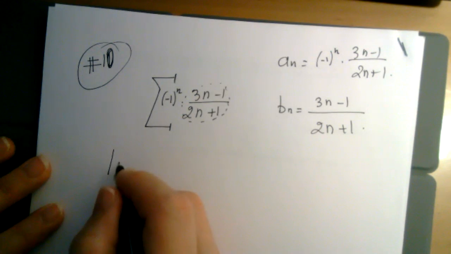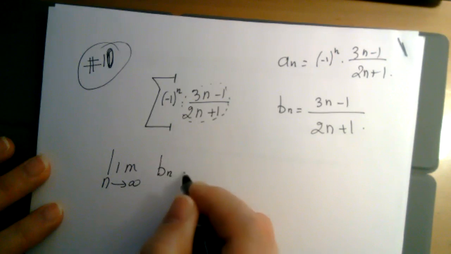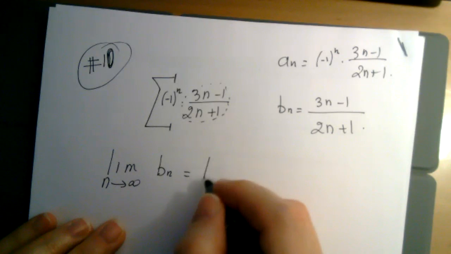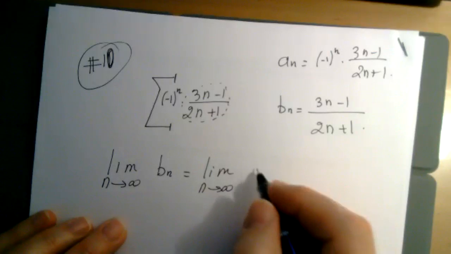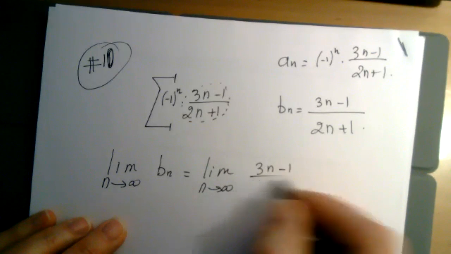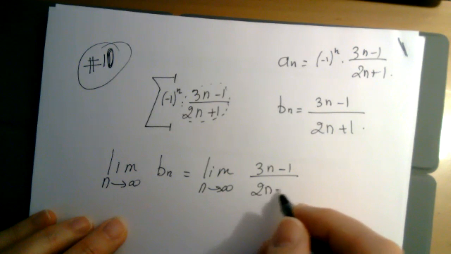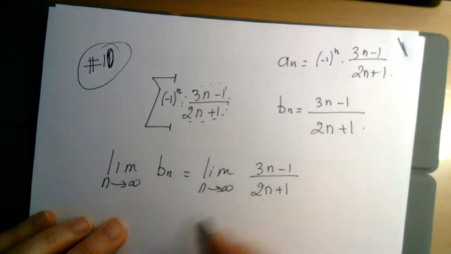So if I compute the limit as n tends to infinity of bn, this is the limit of 3n minus 1 over 2n plus 1. Okay? Now, what's the limit of that as n tends to infinity?